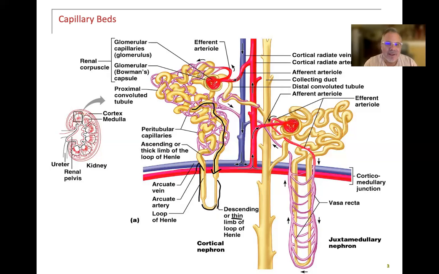Originally I thought it was going this way, descending limb, but at closer look, I said, why is that labeled that way? Maybe it was a little convoluted, and it was. So now you have the descending limb coming this way. You can see here's the thin part of it, then the loop of Henle. Now it's going up, so it's the ascending limb of the loop of Henle, and they call it the thick limb because it is thicker.